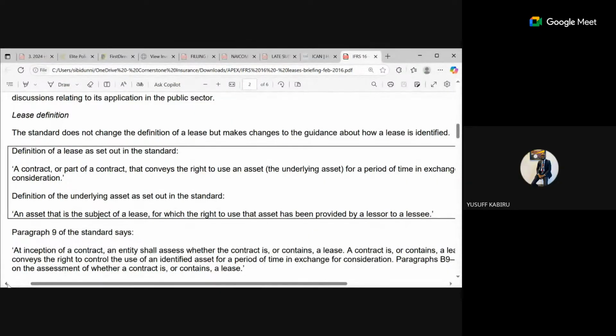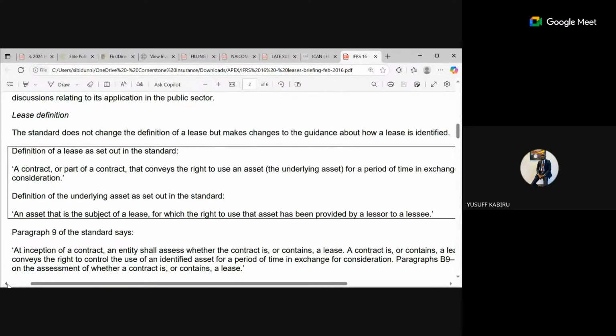So when you are defining assets, you must measure control. If control is not there, then it's not an asset. So the right to use conveys the ability of the person that is taking charge to take control of the usage, to use it as and when due. So I think in the second material, we'll be able to understand this very well.